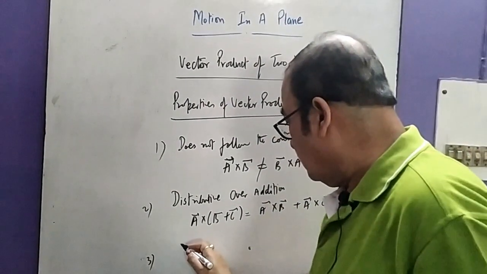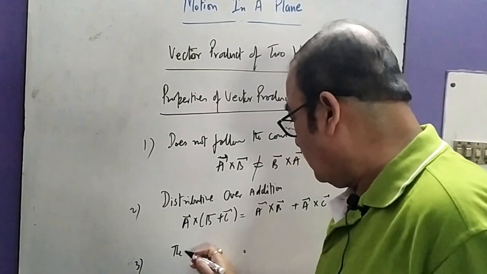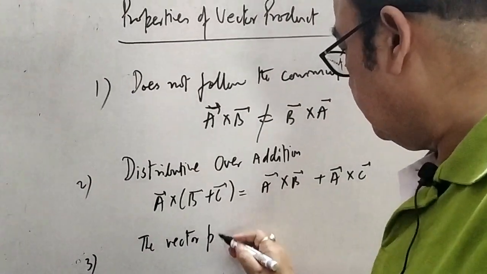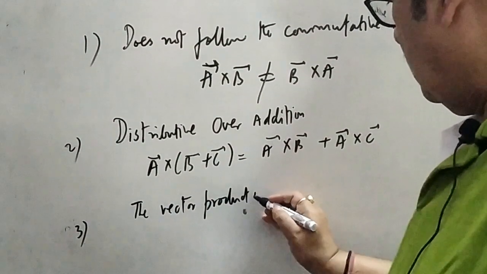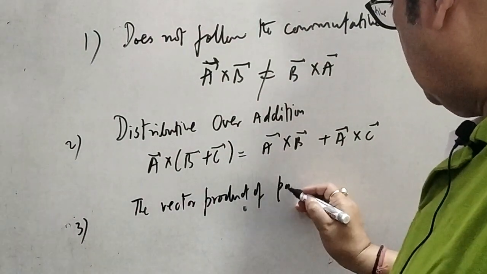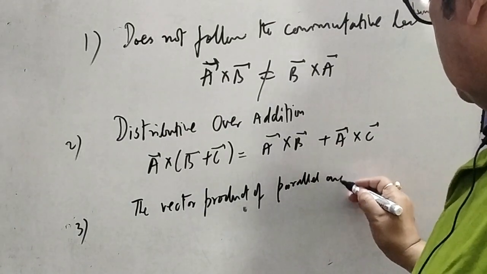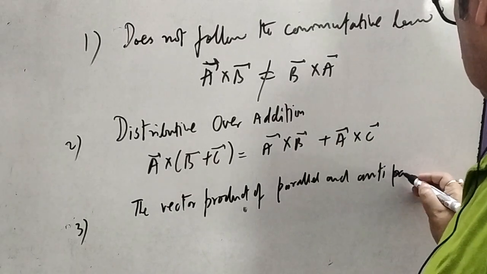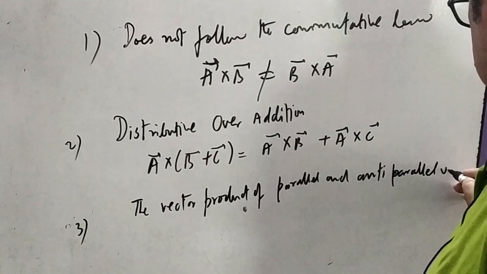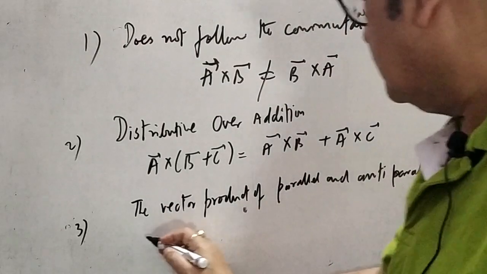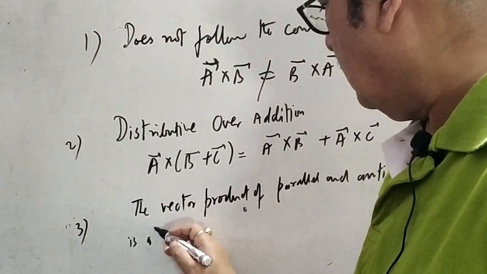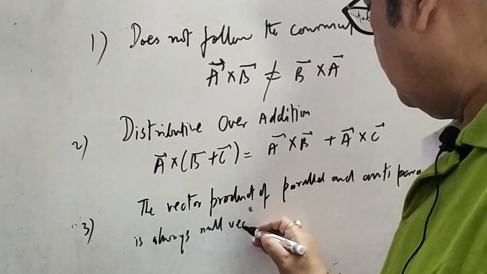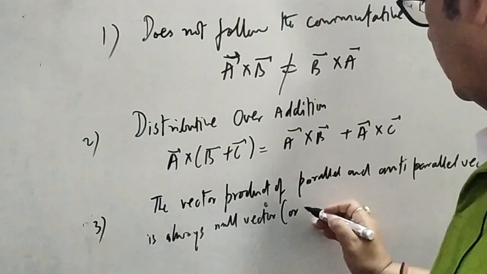That is, the vector product of parallel and anti-parallel vectors is always a null vector or 0.